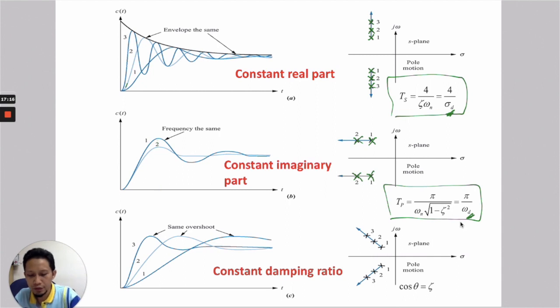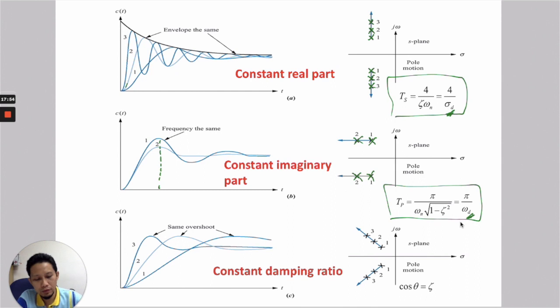What's different is only the value of percentage overshoot, because it will be either large or small, but it will reach the same peak time.